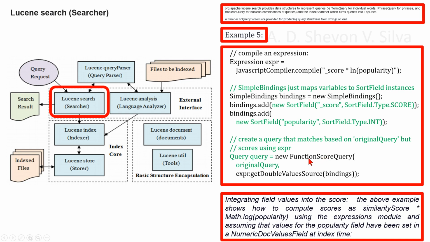For instance, this example shows how to compute scores as similarity score multiplied by Math.log of popularity using the expressions module, and assuming that values for the popularity field have been set in a numeric doc values field at index time.